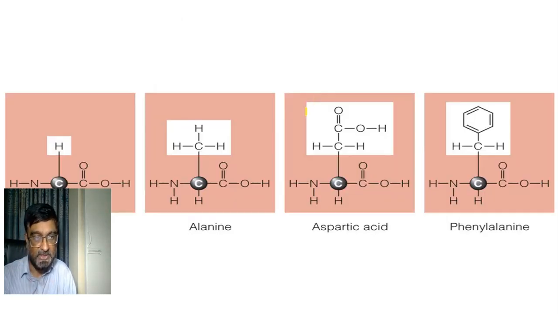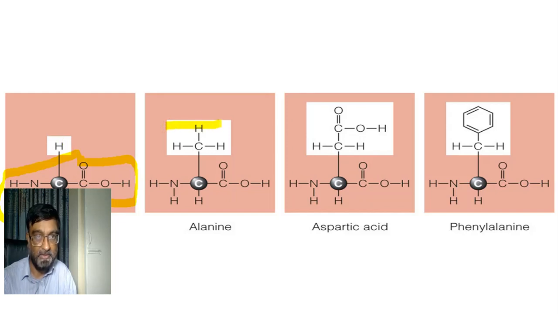So these are the structures. Glycine, you have to memorize these kinds of structures. So look at this one. This is actually the same in all the amino acids. You only have to remember this point, this point, that is in the white portion.